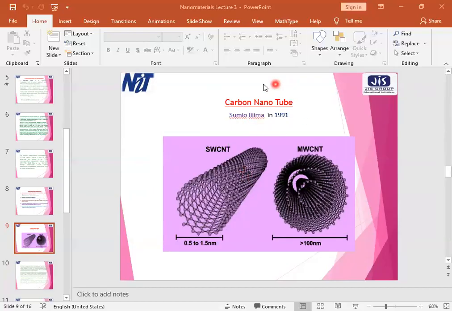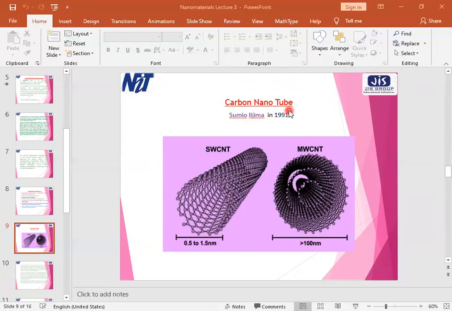Carbon nanotube. Carbon nanotube is such a fascinating subject that nearly 1 lakh papers are published per year on this. And if Howrah Bridge is made of this carbon nanotube, that will last for a million years. So you can say that this is the strongest material.